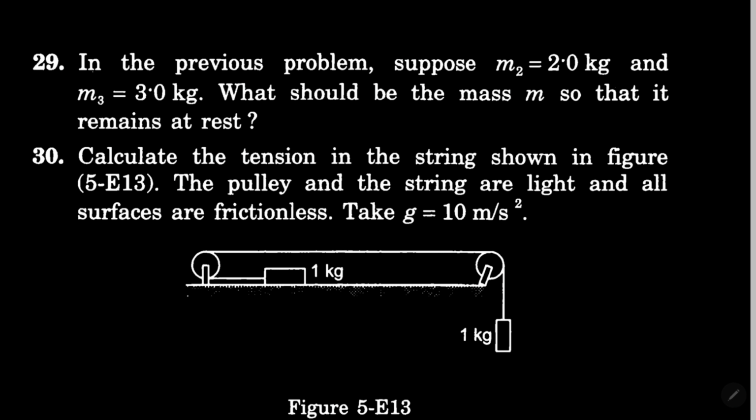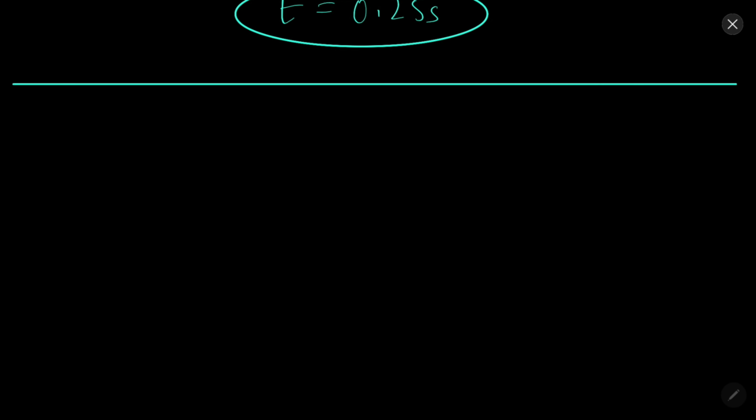Now in question 29 we have the previous problem and now the masses are 2 and 3 kg. What should be the mass m so that it remains at rest? So this is 29th. So the free body diagrams will look something like this.